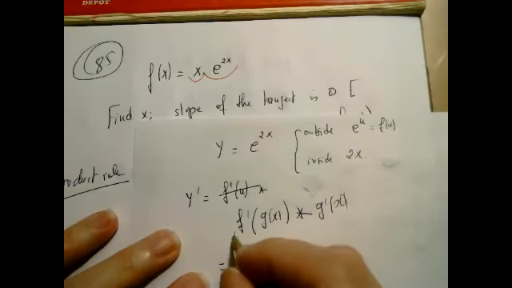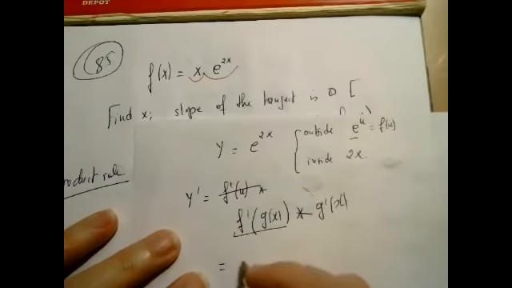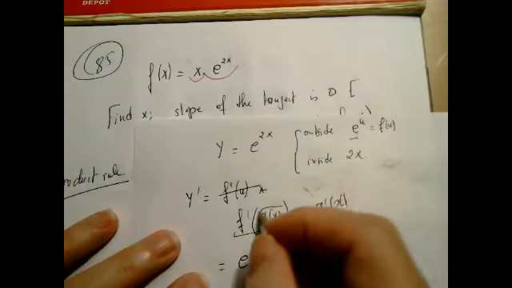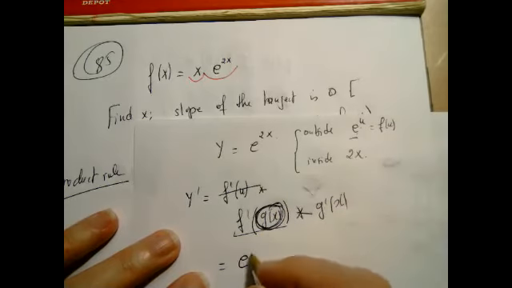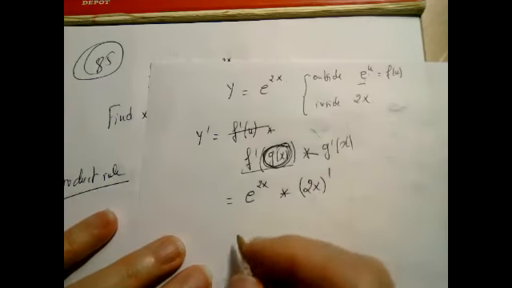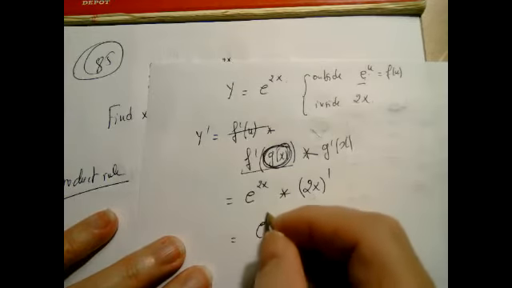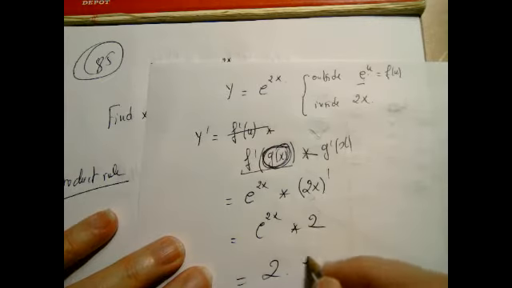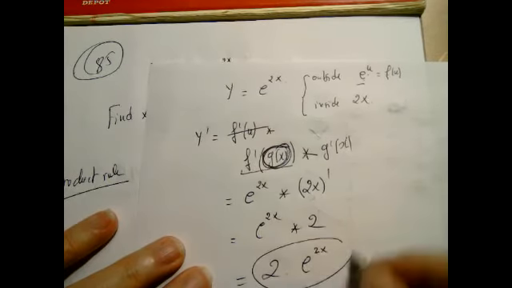So it's equal to the derivative of f, which is e to the u. Its derivative is e to the u, but I evaluate it at g. So instead of putting u, I have to put the g, times the derivative of that. So which will give me e to the 2x times 2, which is 2 times e to the 2x.